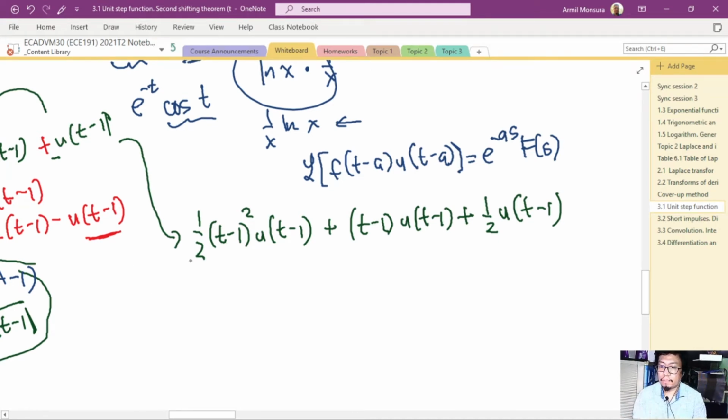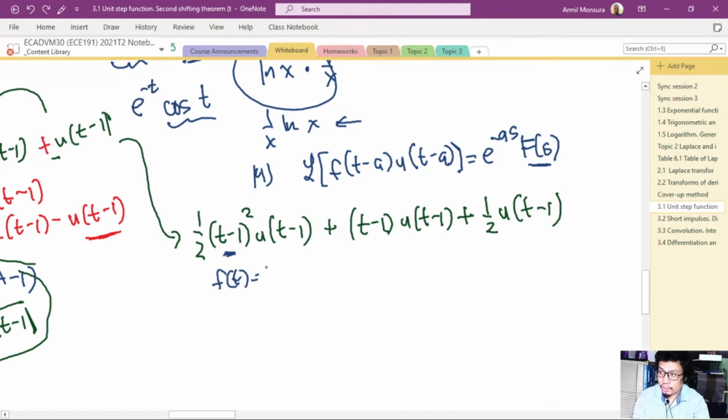So, again, applying the formulation set by equation 4, this brings us to find F of s, we need to identify f of t. So, in this case, f of t is essentially t squared.